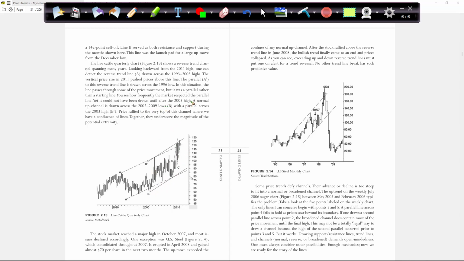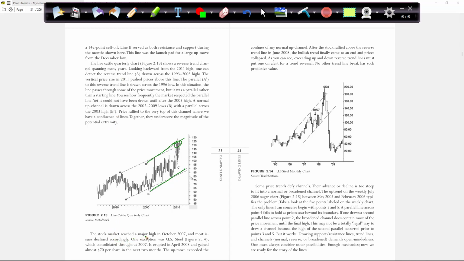A normal up channel is drawn across the 2002 to 2009 lows, B, with a parallel across the 2003 high, B prime, this channel. Price rallied to the very top of this channel where we have a confluence of lines. Together they underscore the magnitude of the potential extremity.